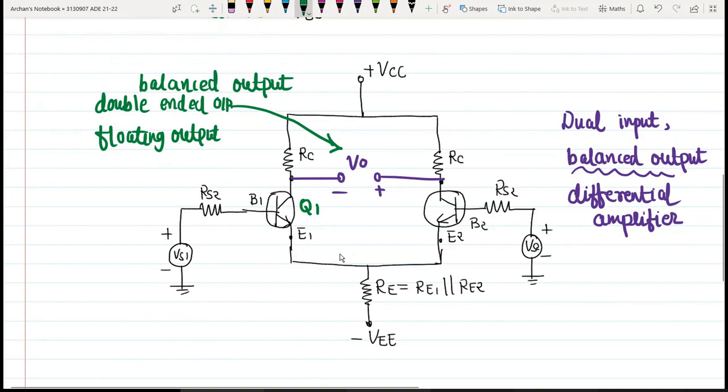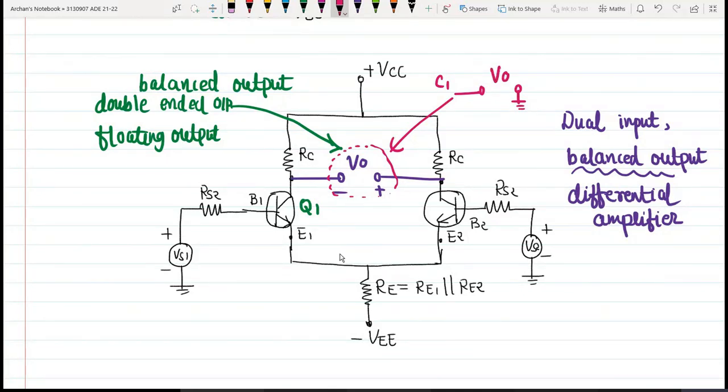Right. Now another way is we are going to measure the output between any of the collectors and the ground. Okay, so now in that case what is going to happen? See, if I talk about this particular part, here is my collector C1 and another end is grounded. I'm going to measure output voltage over here.